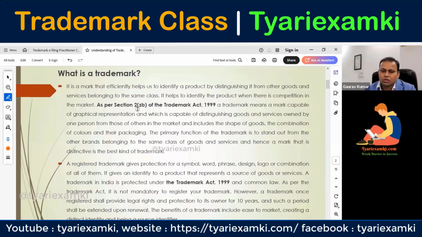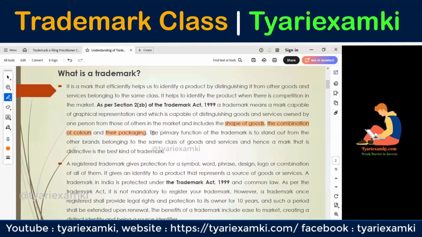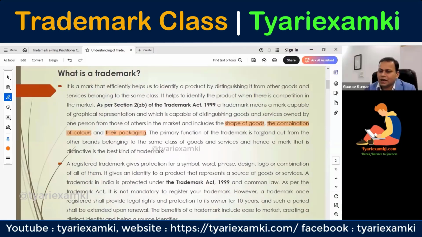As per Section 2(1)(zb) of the Trademark Act 1999, a trademark means a mark capable of graphical representation and which is capable of distinguishing the goods and services owned by one person from those of others in the market, and includes the shape of goods, the combination of colors, and their packaging. The primary function of the trademark is to stand out from other brands belonging to the same class of goods and services, and hence a mark that is distinctive is the best kind of trademark.